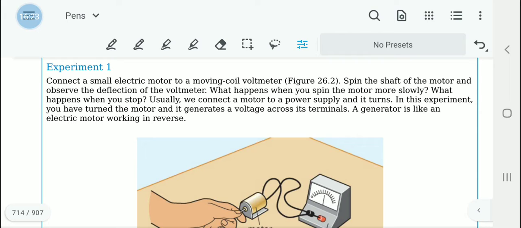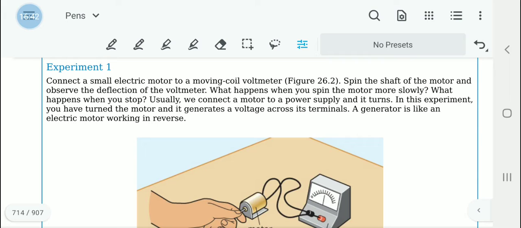When the shaft of the motor is spun, a deflection is observed in the voltmeter.